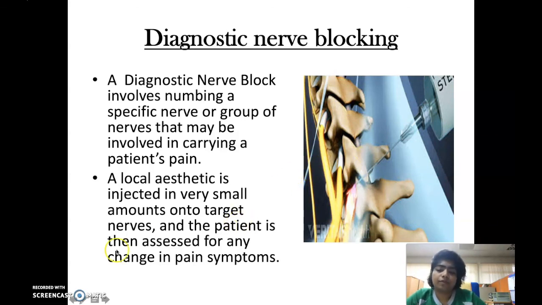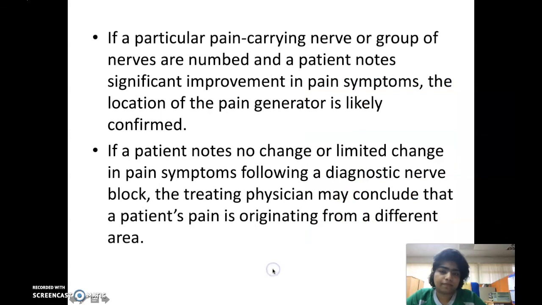So if a particular pain-carrying nerve or group of nerves is numbed and the patient notes significant improvement in pain symptoms, that means right after the injection, if you pinch or even cut the place, they could not feel the pain. So it's like an improvement. The location of the pain generator is likely confirmed. If a patient notes no changes or limited changes in pain symptoms following a diagnostic nerve block, the treating physician may conclude that the patient's pain originated from a different area.